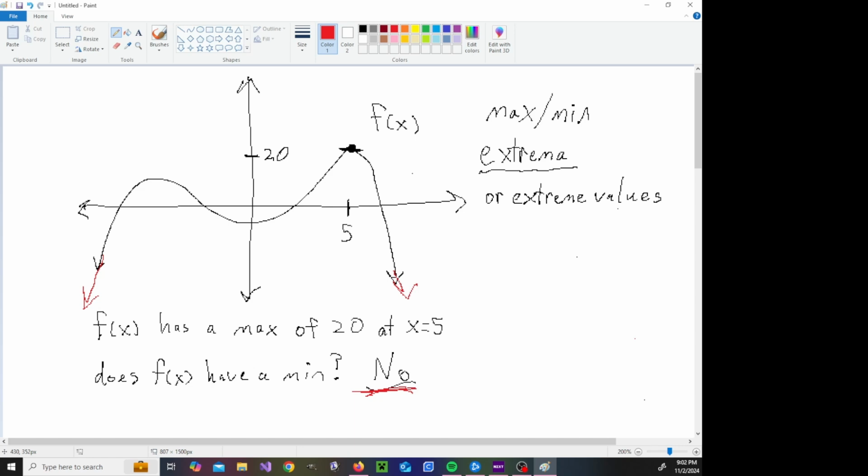Well, in the world of functions, sometimes we're not able to see the entire function at once. Sometimes we're only looking at specific values in a specific region.